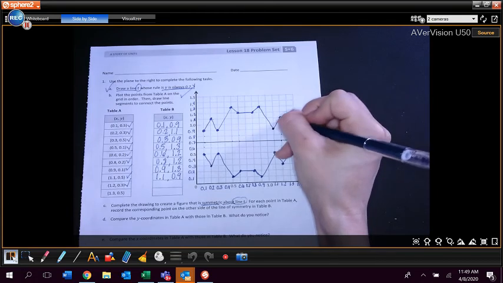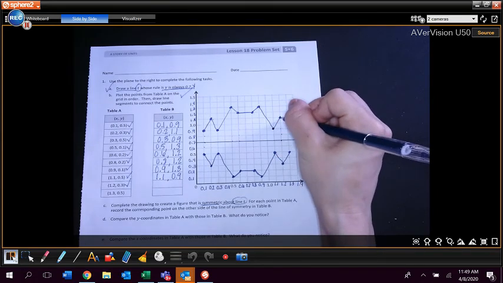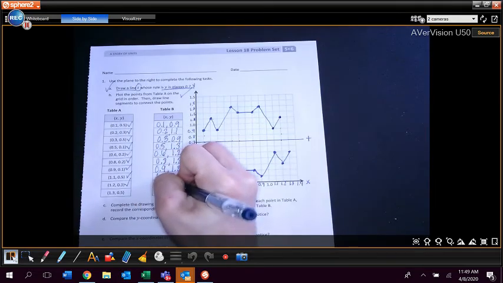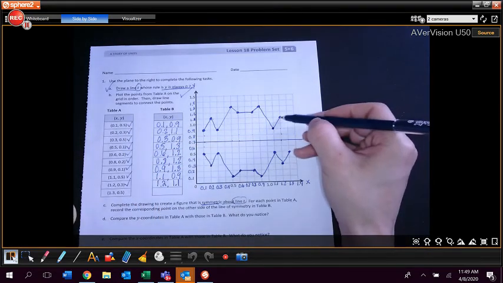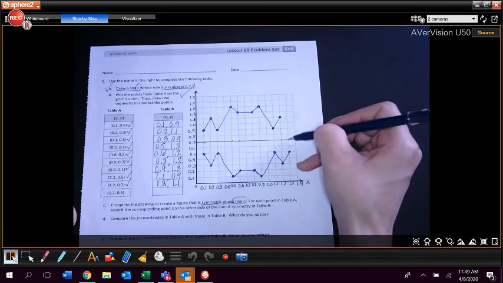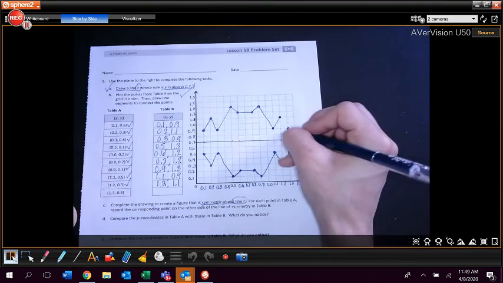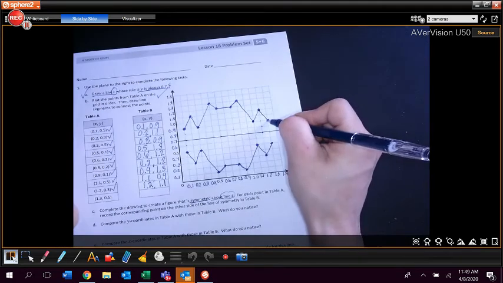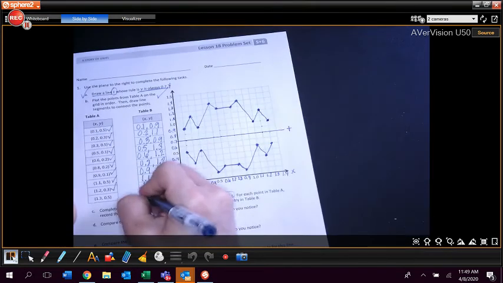We connect. This right here is 1.2 and 1.1. And then we have our last one, 2 units down. So we go 2 units up. And we draw our line. This one here is 1.3 and 0.9.